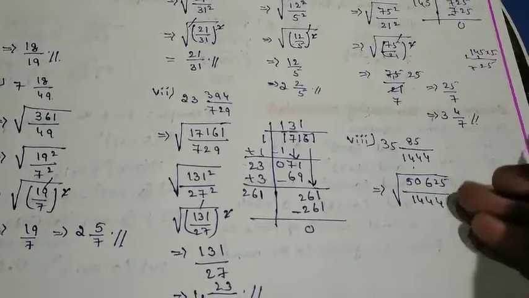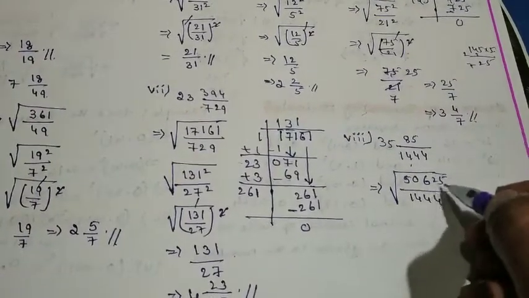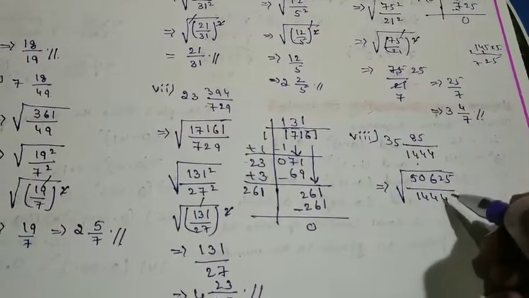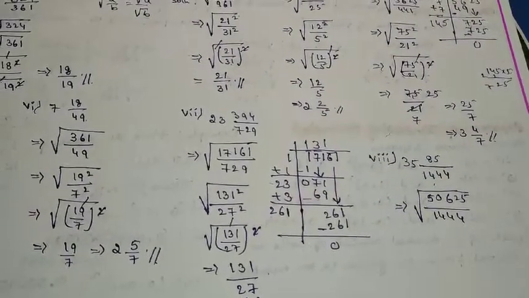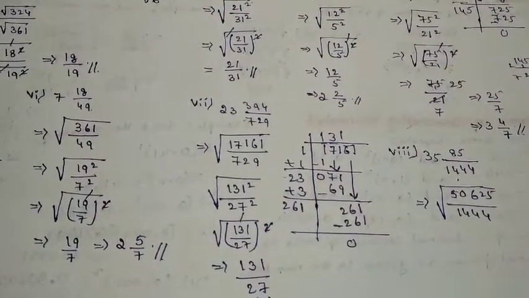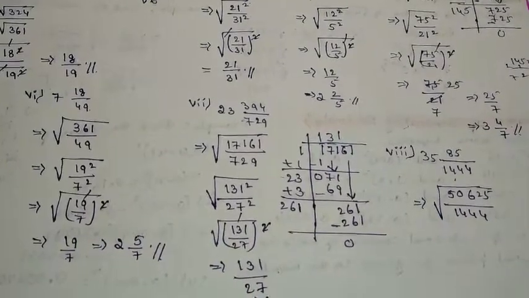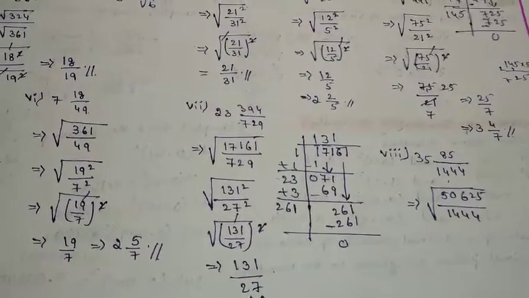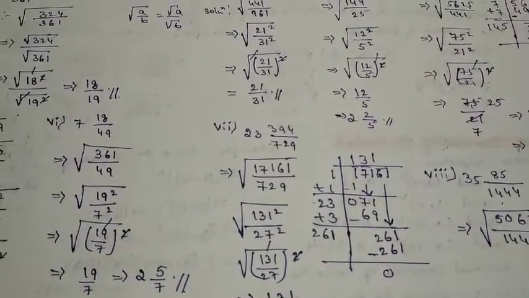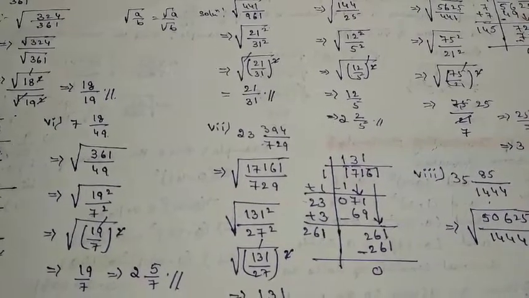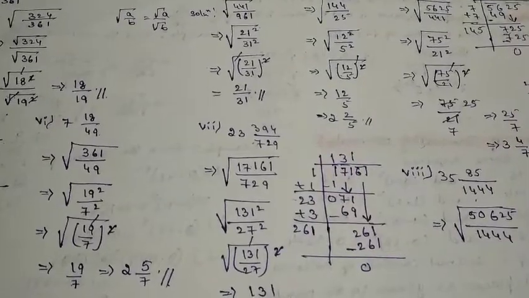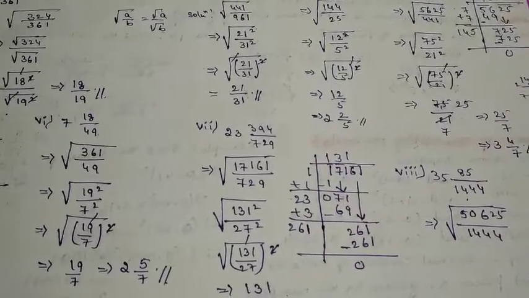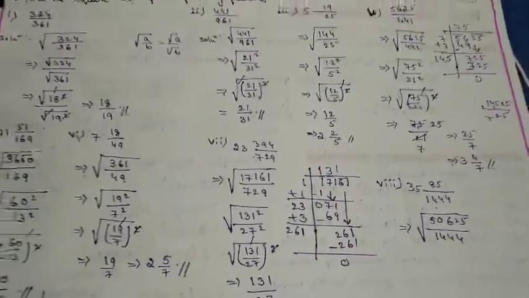Better you find the perfect square of the numerator and the denominator using the long division method. Then you further simplify. The final answer I can say here is 225 divided by 38. If you convert the improper fraction into a mixed fraction, you will get 5 and 35 divided by 38.